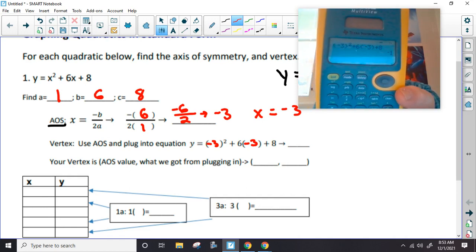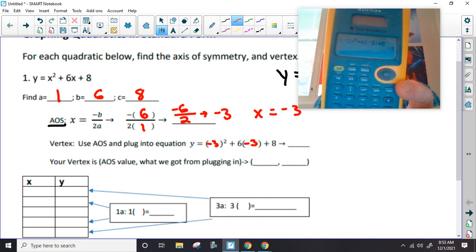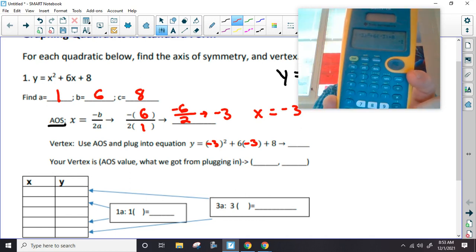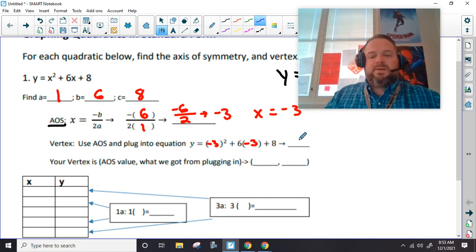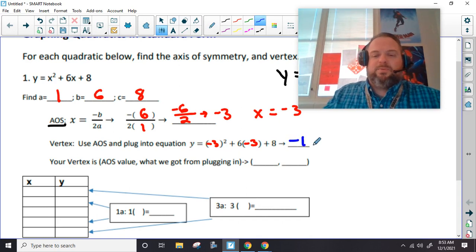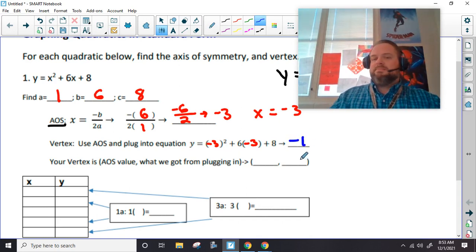Negative 3 squared is positive 9 because negative times a negative. All right, so we actually get this right here, which is negative 1. That is our y. So when we write this for our vertex, we would write the x value, negative 3, and we would write this -1 for our y value.